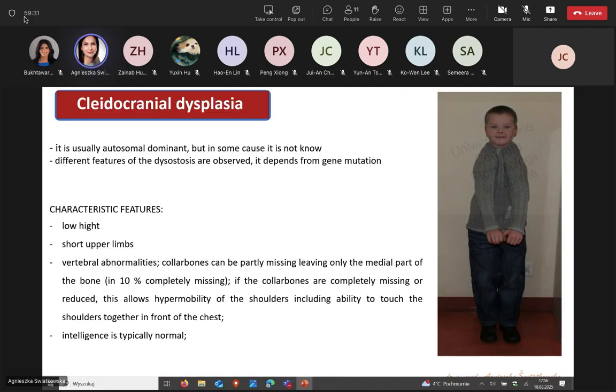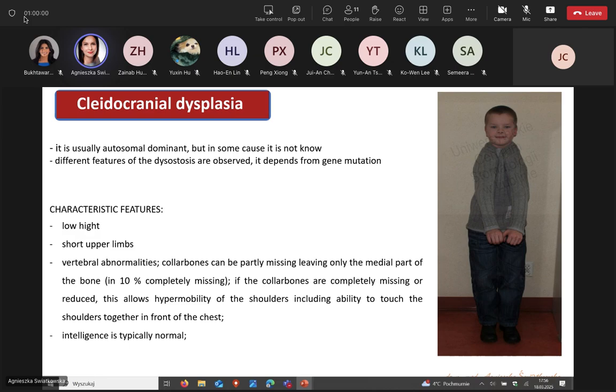Cleidocranial dysplasia. It is usually autosomal dominant, but in some patients the cause is not known. Different features of dysostosis are observed. It depends on the gene mutation, but very characteristic features are low height, short upper limbs, and vertebral abnormalities.